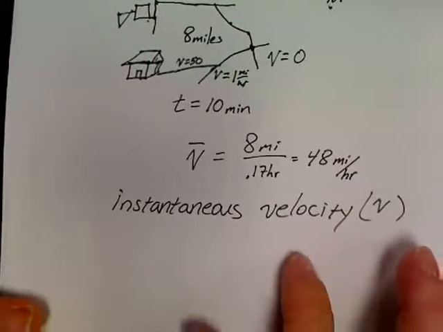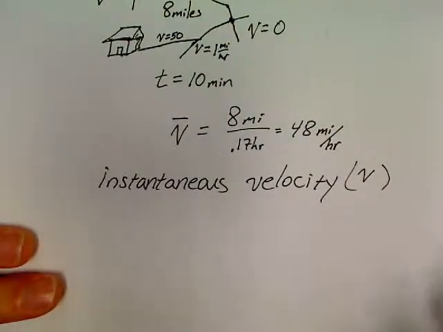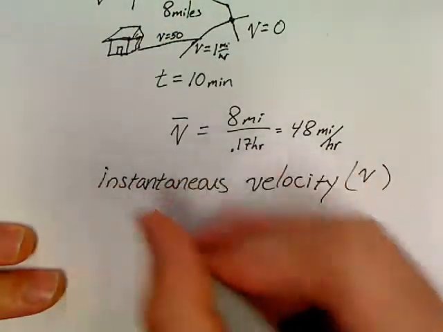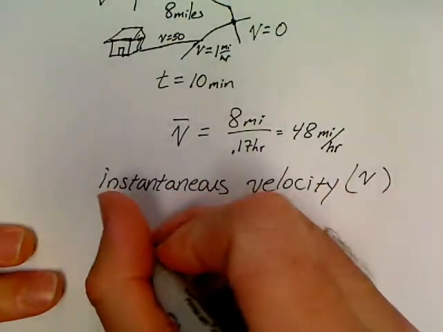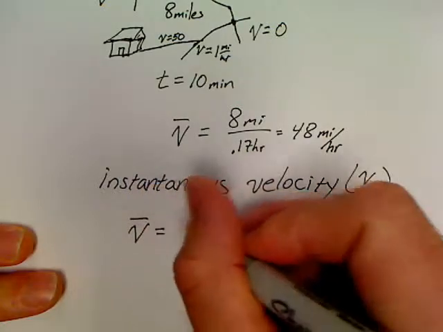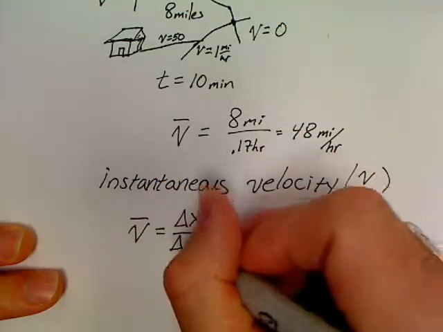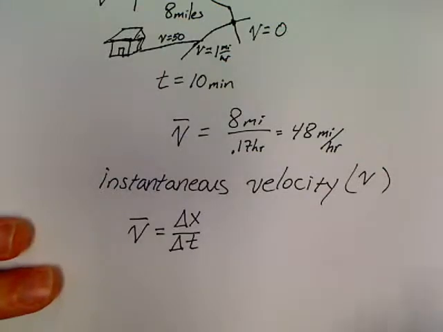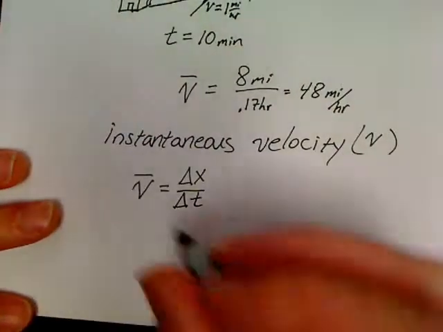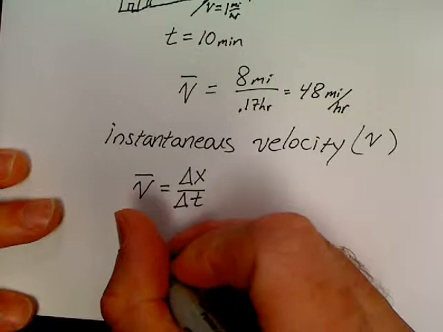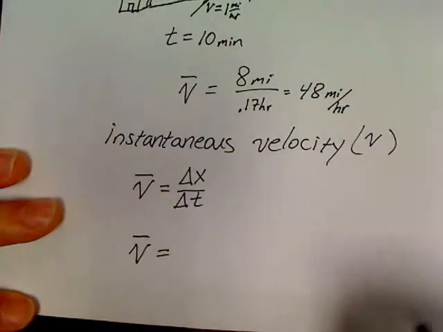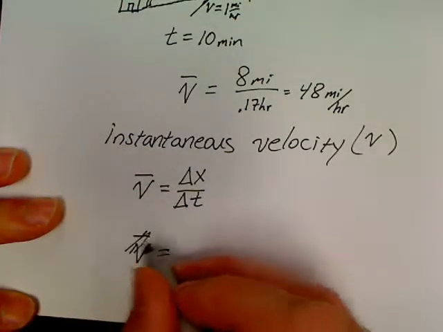He's actually doing this. He may not know the equation he's using, but here's what he's doing. Now, the equation for average velocity looked like this: delta x over delta time. There's your equation for average velocity. Instantaneous velocity, erase that, I've already screwed up.